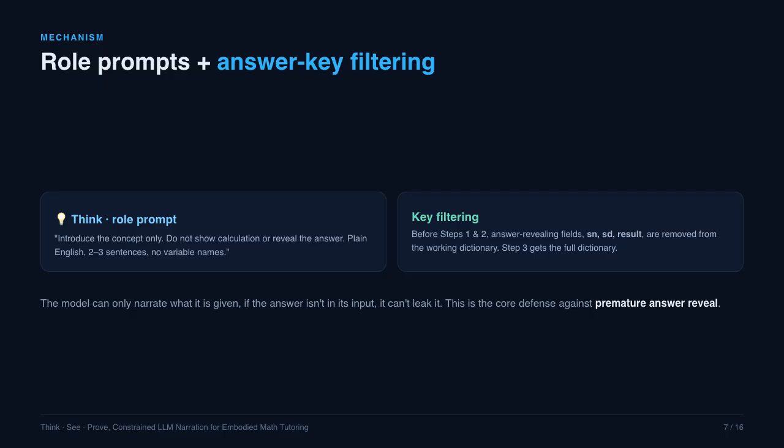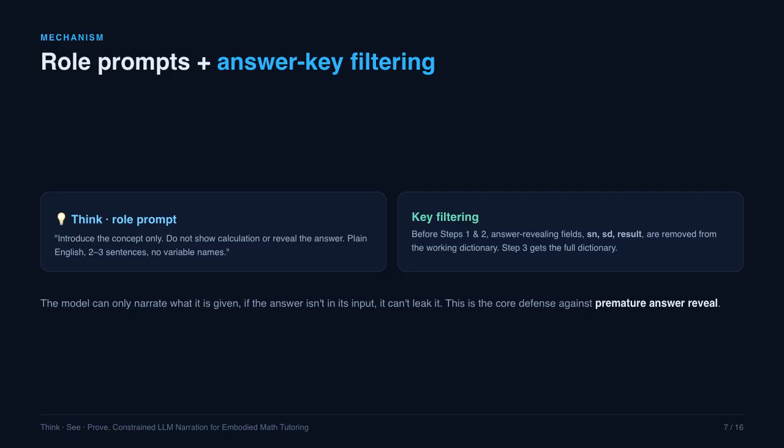But a prompt alone is not enough, because models don't always obey their instruction. So the second defense is input filtering. Before the think and see calls, Python removes the answer revealing fields, specifically the simplified numerator, the simplified denominator, and the result from the working dictionary that the model receives.